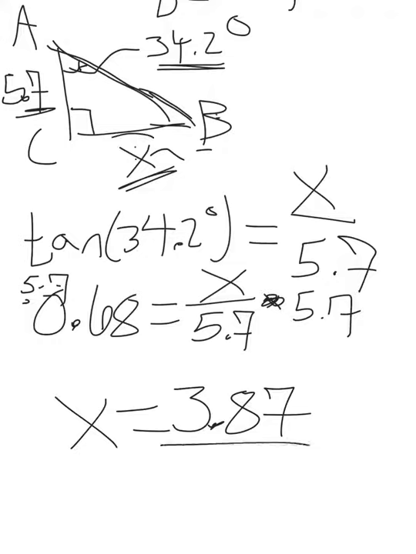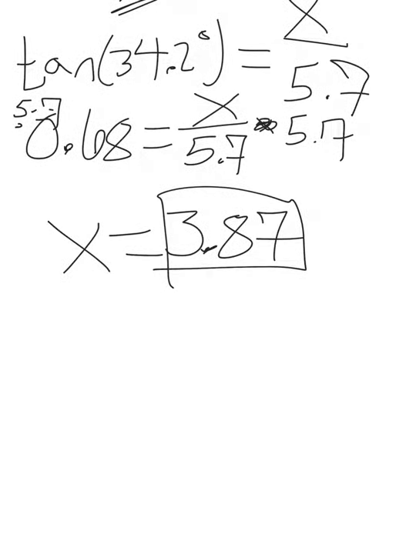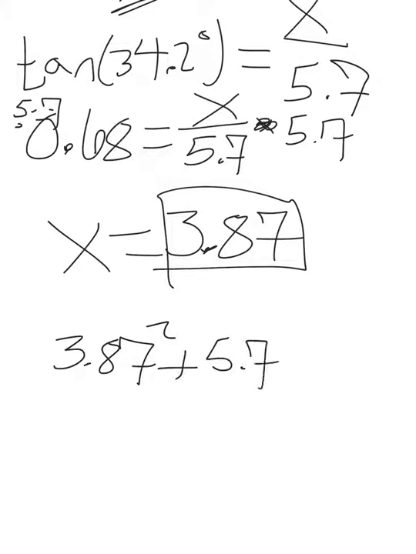Is right here, 3.87. So now at this point, all we're going to do is the Pythagorean theorem to figure out our last side length. So I'm going to do 3.87 squared plus 5.7 squared equals our hypotenuse, or c squared. So when I do 3.87 times 3.87, I get about 14.98.